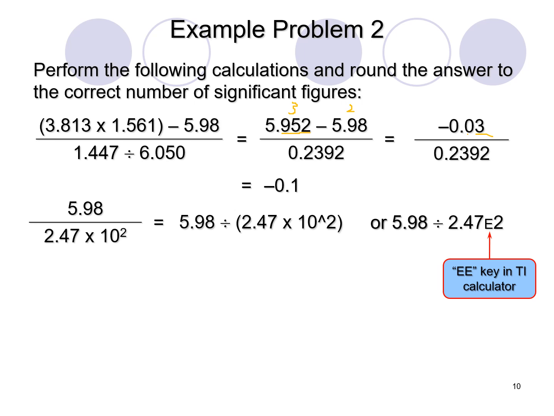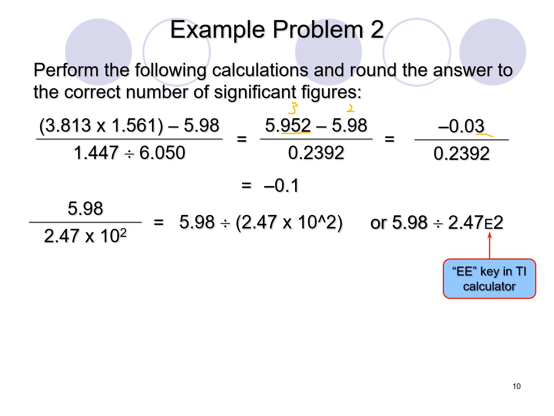Sometimes you have to hit the second key before you hit that key to get this E showing on the screen. Once the E is showing on the screen, the calculator is ready for scientific notation. Then we put 2 in there to let the calculator realize it's 2.47 times 10 to the second.